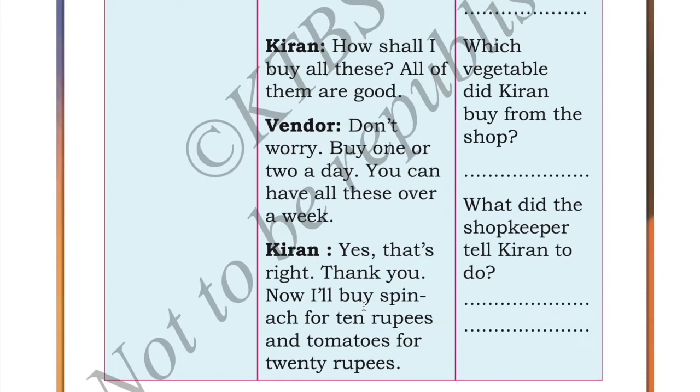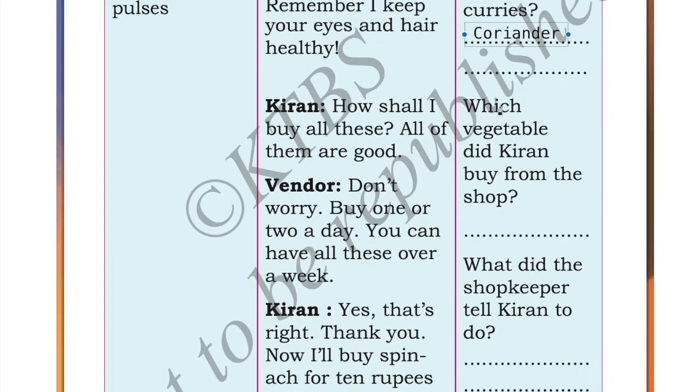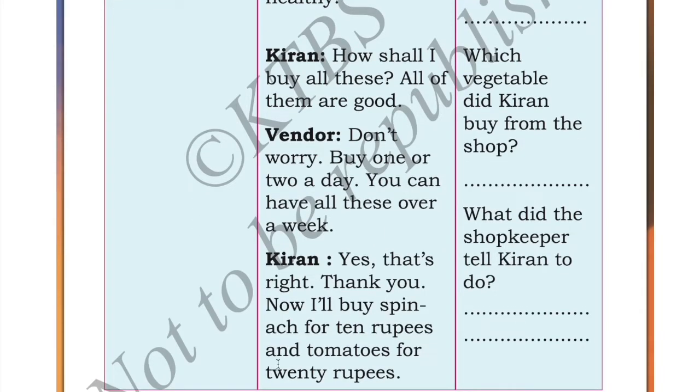So Kiran, which are the vegetables that Kiran decided to buy from the shop? You need to answer that Kiran bought spinach and tomatoes. You can answer that here. I will leave that to you. What did the shopkeeper tell Kiran to do? So the shopkeeper asked Kiran to buy 1 or 2 vegetables a day. So let's answer that over here.